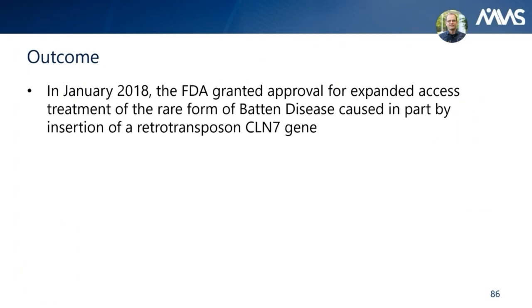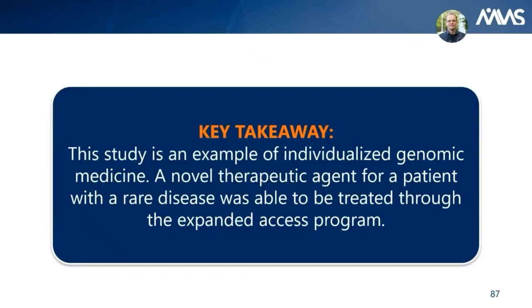So in a world where next generation sequencing is revolutionizing the diagnosis of genetic diseases, this case certainly demonstrates a nascent pathway for the individualized treatment of ultra-rare indications. So the key takeaway is that this is an example of individualized genomic medicine. A novel therapeutic agent for a patient with a rare disease was able to be treated through an expanded access program.